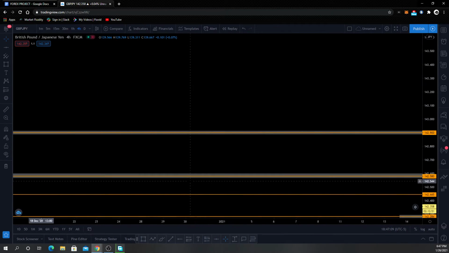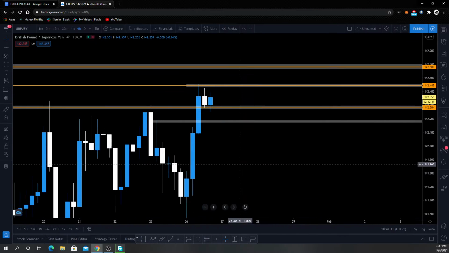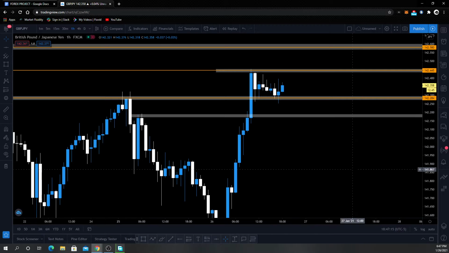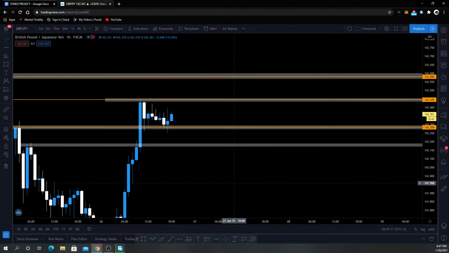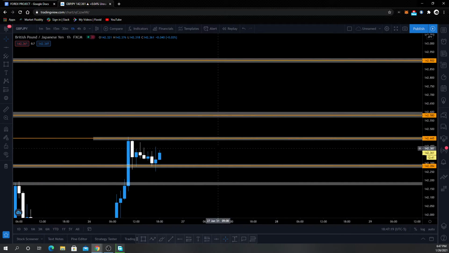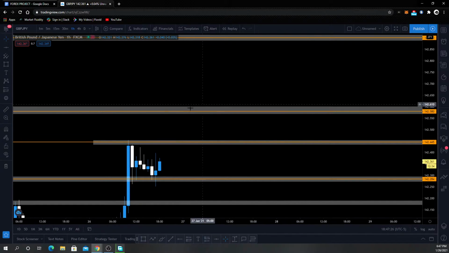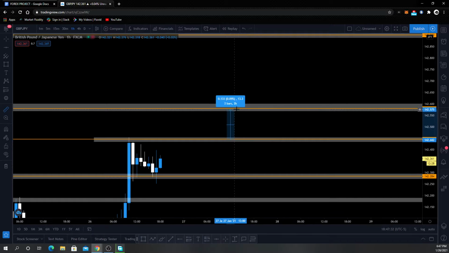So let's go back and let's analyze what could possibly happen today. If we end up going on a bullish trend and we keep going higher, our first target should be right around here. So this is, where is my tool? Okay, so this should be around the 25.